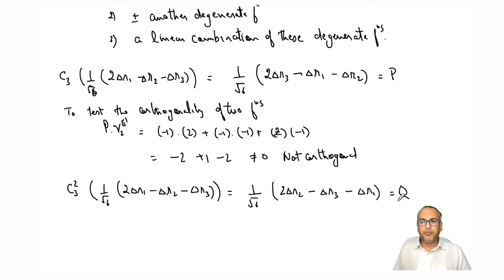Let us call this Q. Again, let's test the orthogonality of Q and nu2 E prime, whether we are getting any orthogonal function or not. So what do we get here? We will see that Q dot nu2 E prime is not equal to 0. So again, this is not orthogonal.